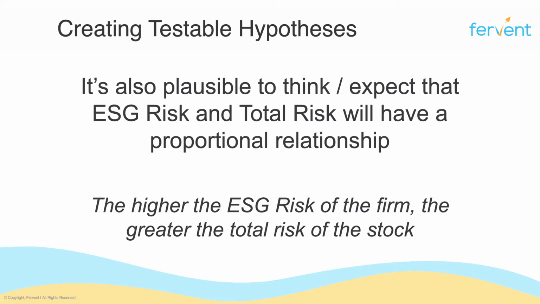So now that we have some sort of an expectation or an idea about what we expect to see once we've answered the research questions, so what we expect the answers of the research questions to be, we can now essentially state these expectations in the form of a hypothesis, right? And that looks something like this.